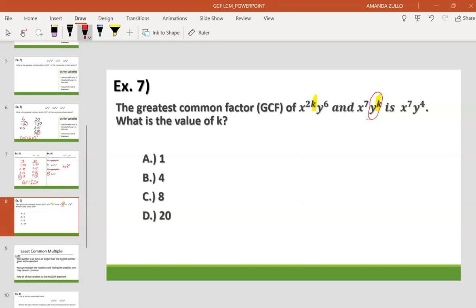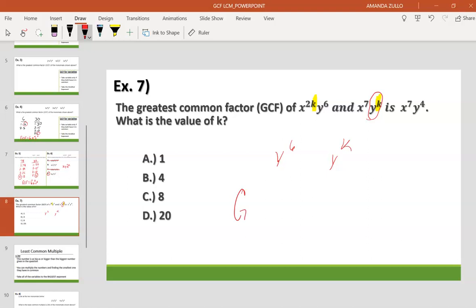When we're talking about greatest common factors, we take the variables that they have in common, to the smallest exponent that they have. So if I'm only considering my y's, because the x has the 2k, and I don't want to talk about the 2 again. So let's just look at our y's, okay? So we have y to the 6 and y to the k. k just means I don't know what it is.